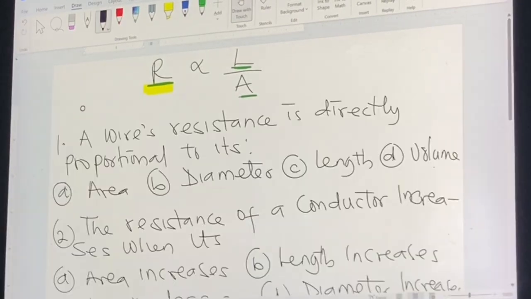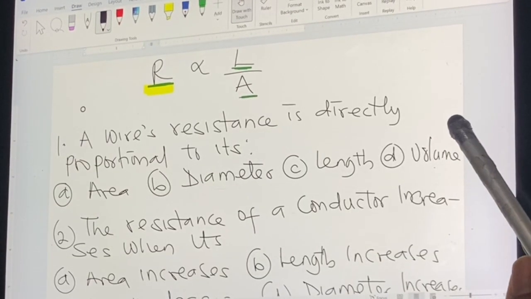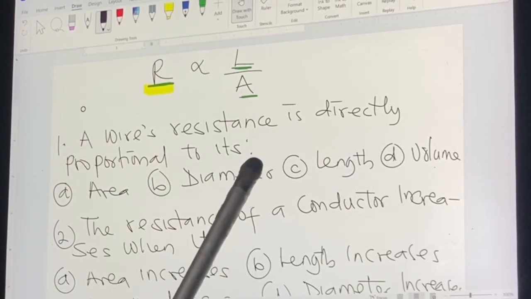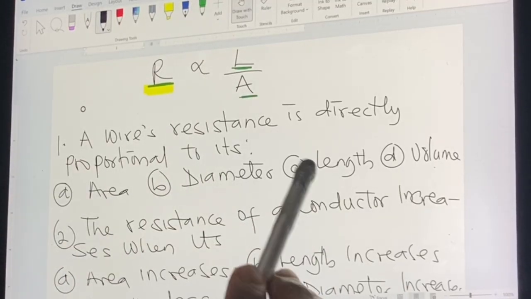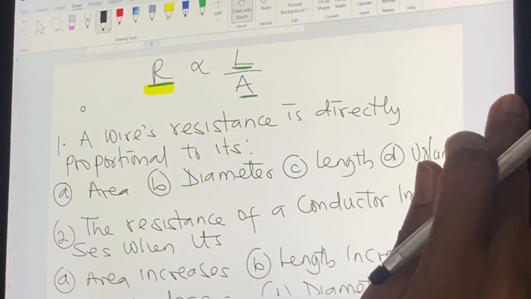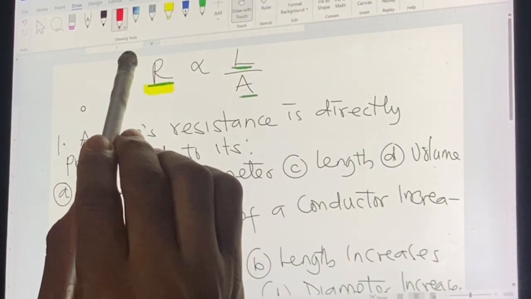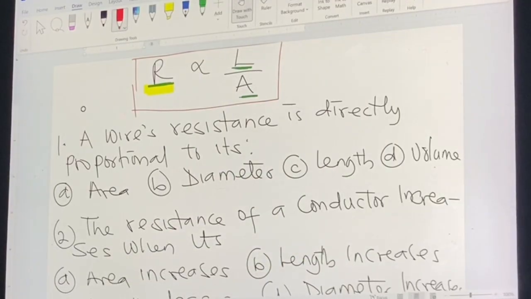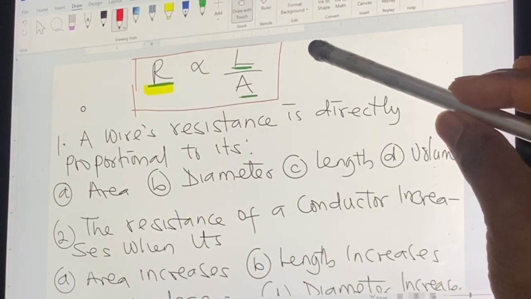Question 1, please. All right, we are giving possible exam questions here. Question 1, they said a wire's resistance is directly proportional to its, they said, area. If you look at this formula here, class, the resistance is not directly proportional to area, and it is not directly proportional to diameter.